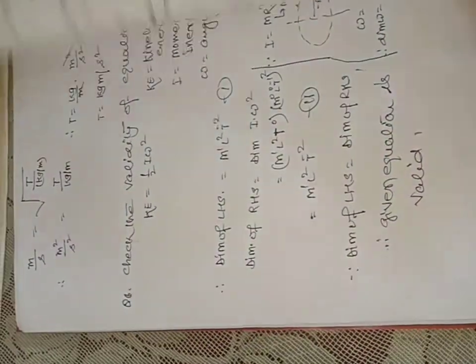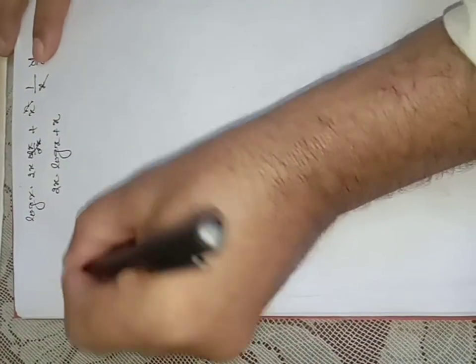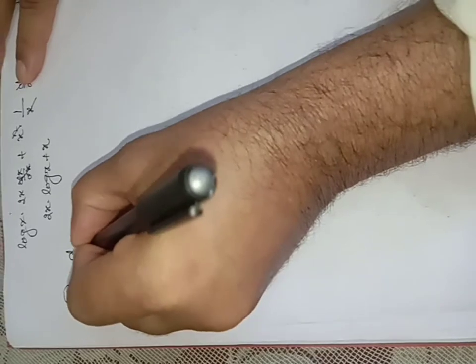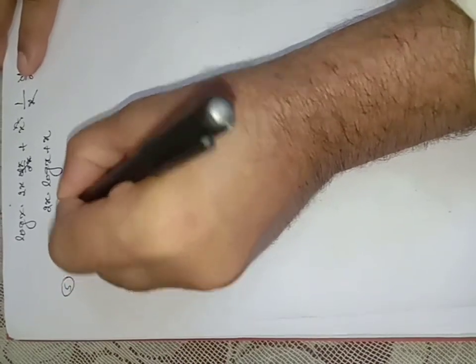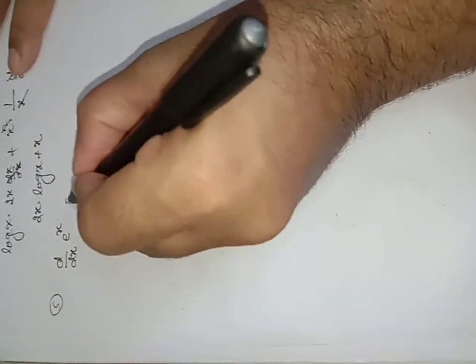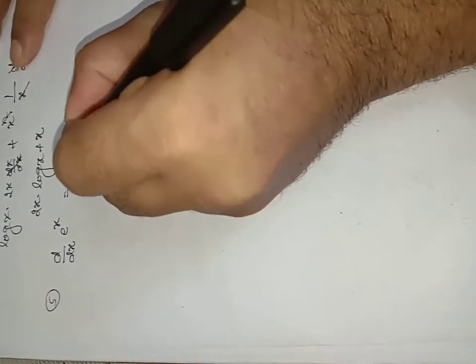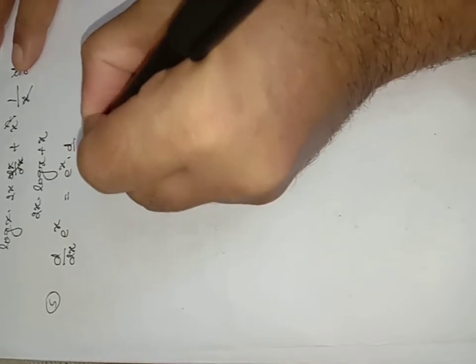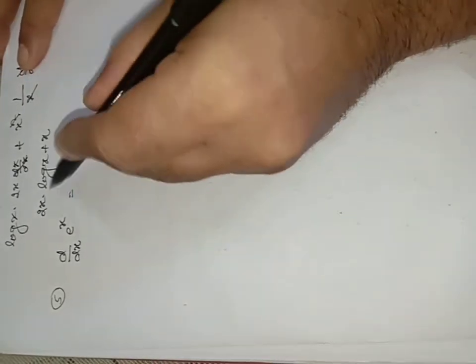Then the next formula, suppose it is fifth. Differentiation of e to the power variable x: it is an exponent to the power of a variable. So that will remain e to the power x into d by dx of the variable which is in the power, that is x.